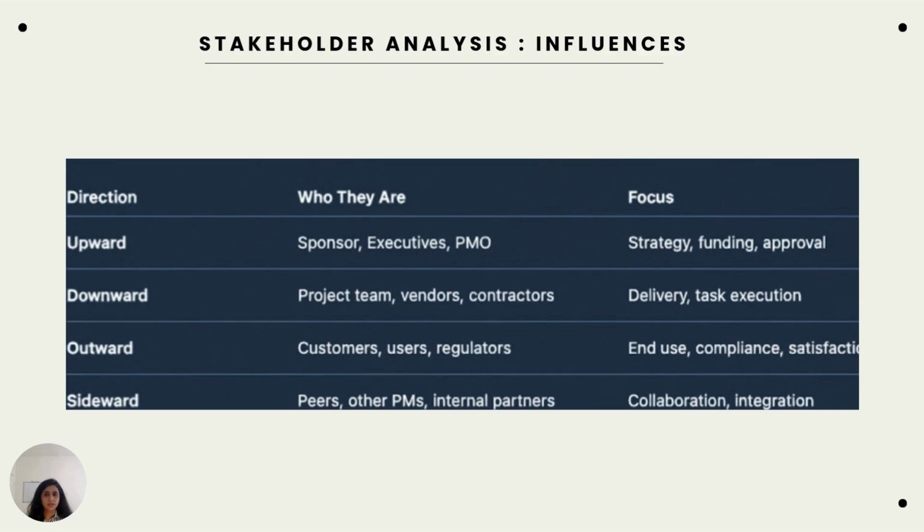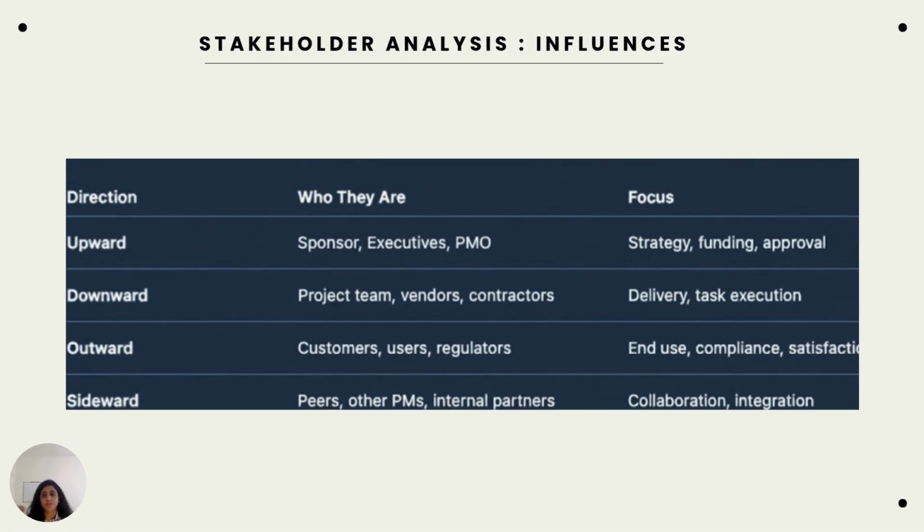Upward influence. These are the senior management, sponsors, or executives, the people above you on the organizational chart, including the steering committee and functional managers. What are downward influencers? These are the people you manage or direct, your team members. For example, the SMEs, the consultants, the team members, etc. They basically deliver the tasks for the project.